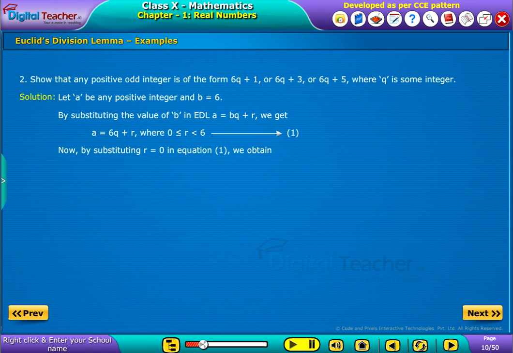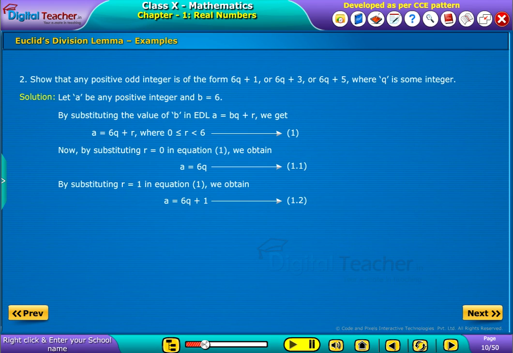Now, by substituting r equal to 0 in equation 1, we obtain a equal to 6q. By substituting r equal to 1, we obtain a equal to 6q plus 1. For r equal to 2, a equal to 6q plus 2.